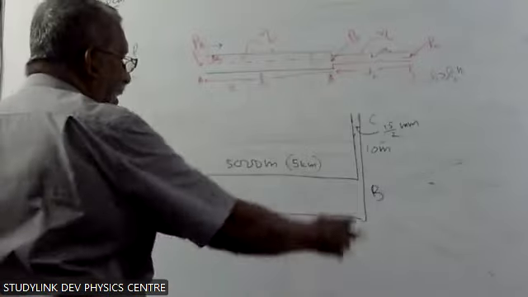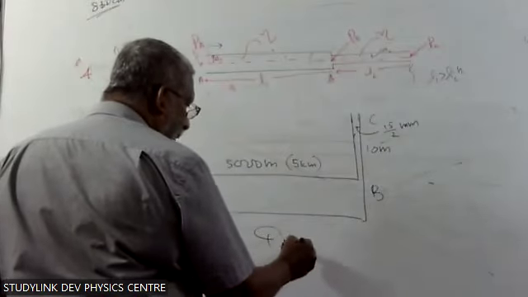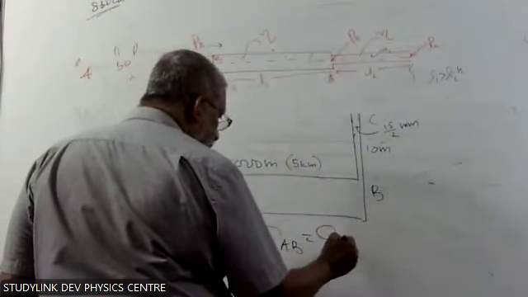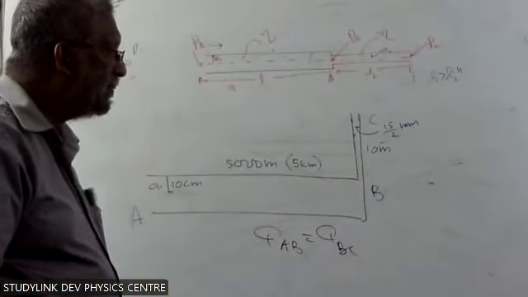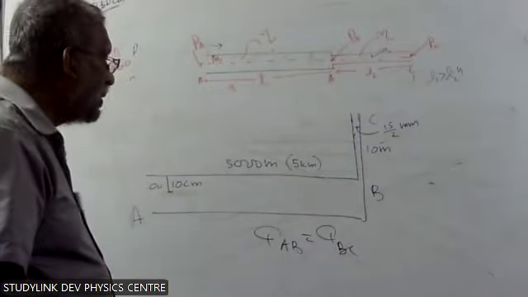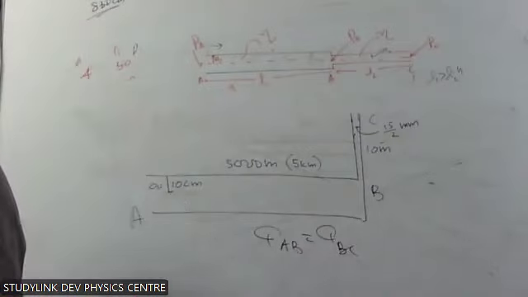Now, the same theory you apply, then QAB is equal to QBC. They are asking what is the drop of the total pressure. Then you will write the value for the total pressure and get it.